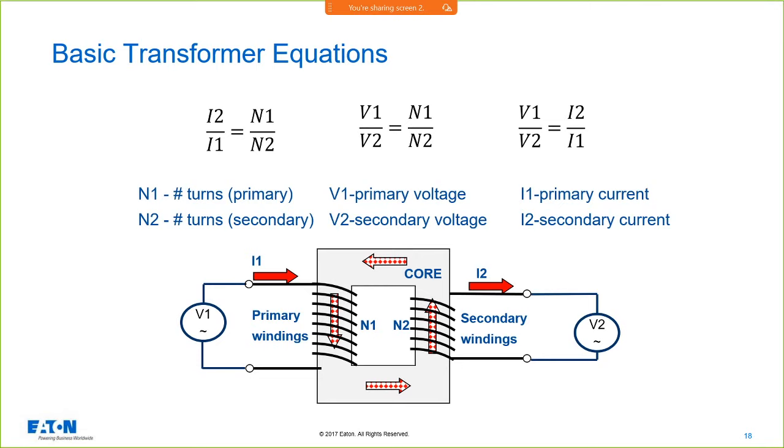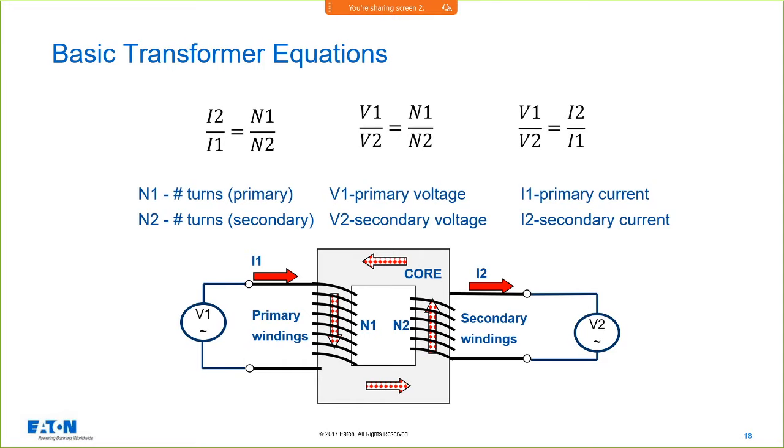The fundamental equations that you see up there: I2 over I1 equals the turns ratio, N1 over N2. Now, this is just a single phase. I'm showing you a single phase transformer with a core. We'll connect these up into three-phase systems, so it gets a little bit different.